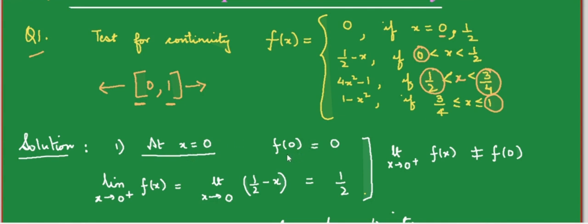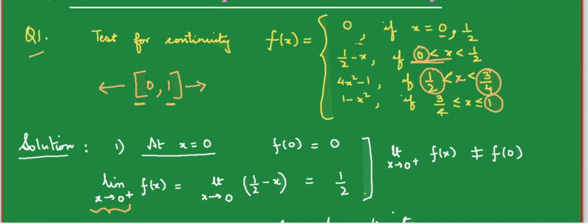At 0, we can see f(0) is given separately as 0, and for testing continuity, we'll just consider the right hand limit because on the left there is no f existing. The function has [0, 1] as the domain. For testing continuity at 0, we'll just bother about the limit of f at 0 plus, the right hand limit. And the right hand limit will come from this branch because x more than 0 belongs to this segment of the domain.